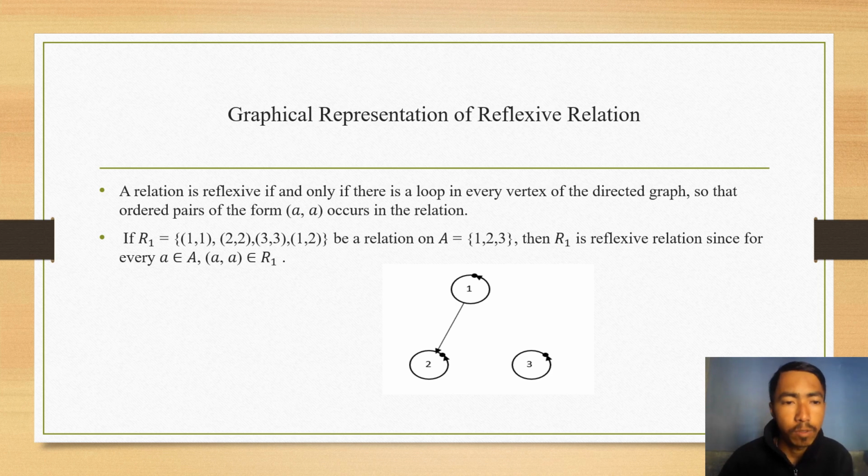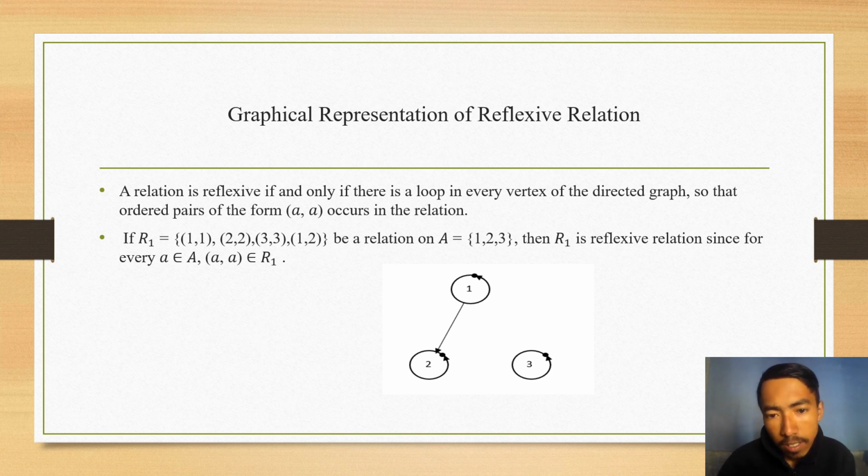Suppose R1 equals {(1,1), (2,2), (3,3), (1,2)} is a relation on A equal to {1, 2, 3}. Then R1 is a reflexive relation, since for every a belonging to A, (a, a) belongs to R1.